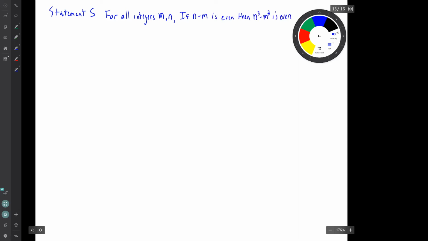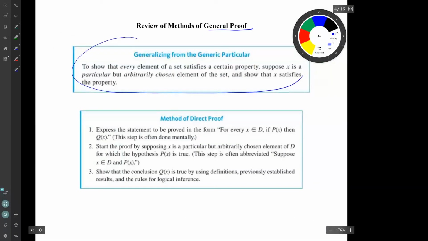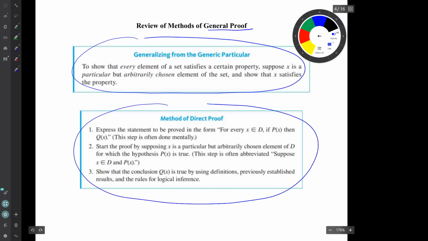So the proof structure would have to be that we would start with a generic element of the domain that has this property. Because we're using the method of generalizing from the generic particular element. Applied to a conditional statement, we're going to use the method of direct proof.